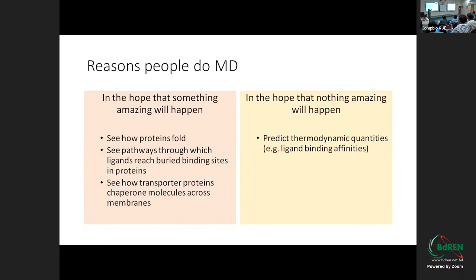You feel like nothing amazing is happening, but that's actually the more reliable, robust way to do it. You can do stuff on the left, but that's a lot of work. A lot of knowledge of statistical mechanics is required, and you have to be careful. But people do it for both. I'm just setting the expectation that most of the time, you'll probably do stuff on the right, not the left.